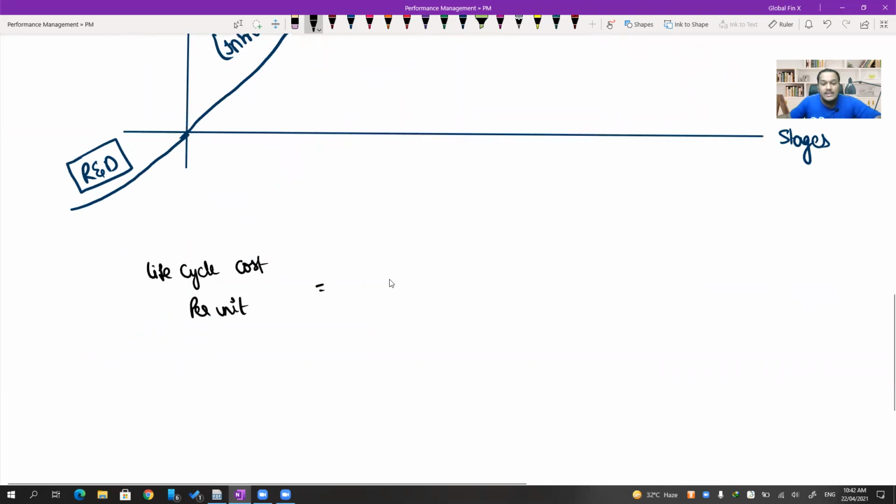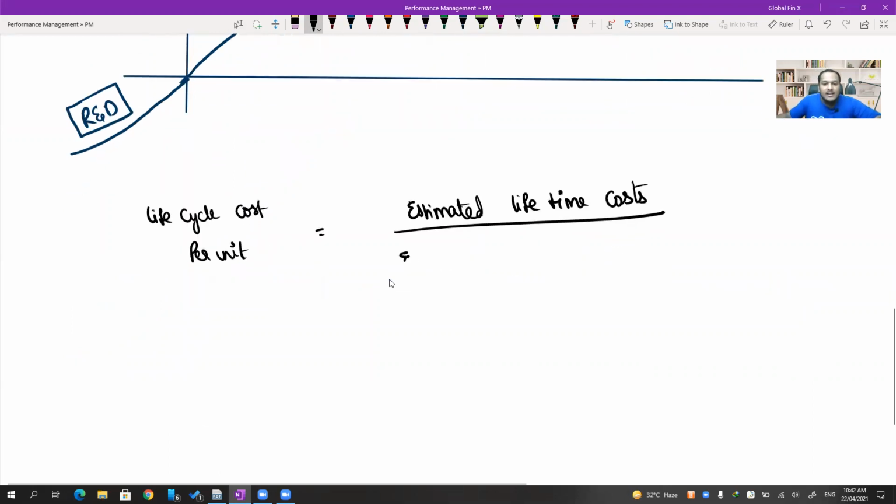So what I'll do is, estimated lifetime costs of the product, estimated lifetime costs divided by estimated number of units produced over the lifespan.